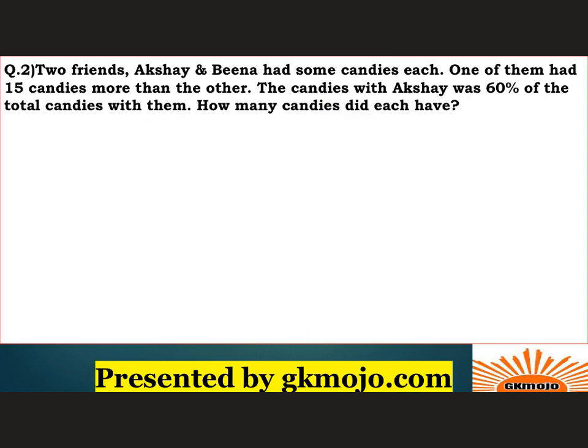Let us have a look at the second question. Two friends, Akshay and Beena, had some candies each. One of them had 15 candies more than the other. The candies with Akshay was 60% of the total candies with them. How many candies did each have? So let the candies be x and x plus 15.